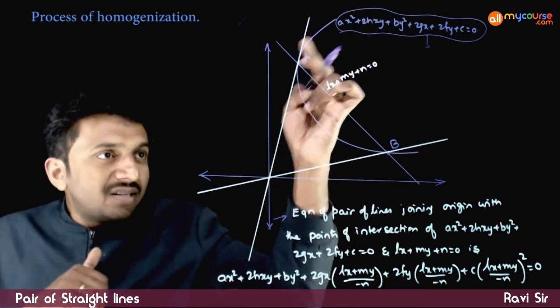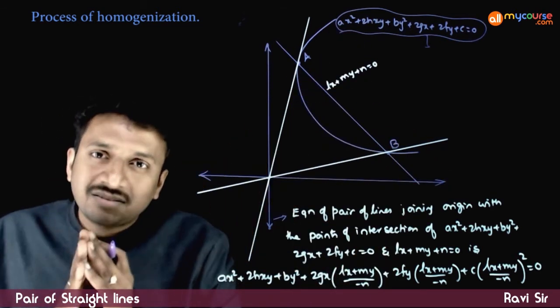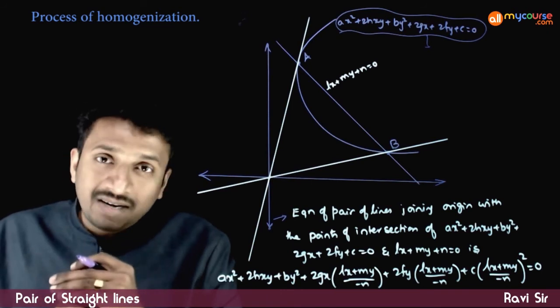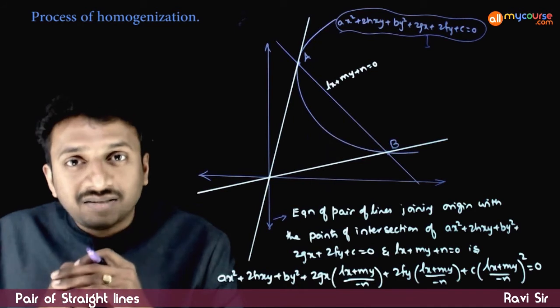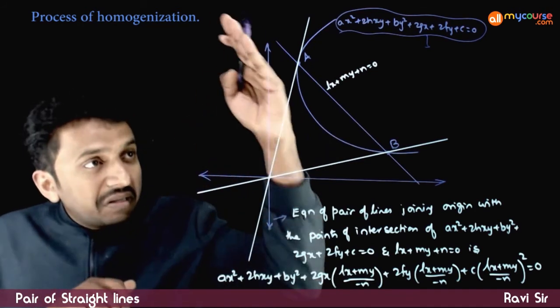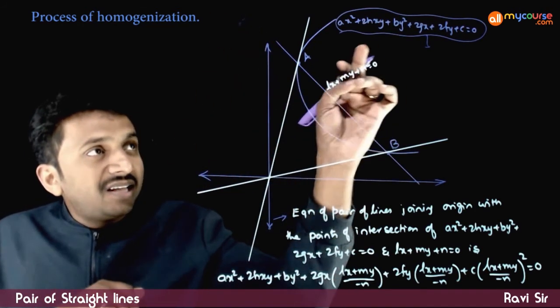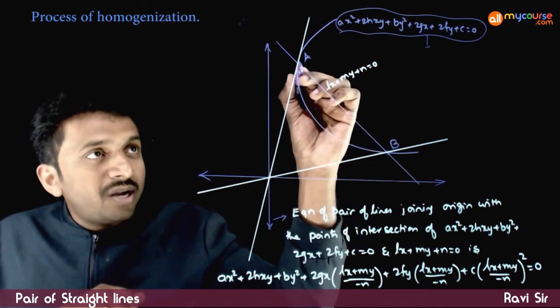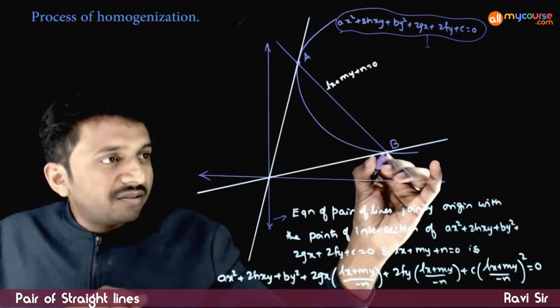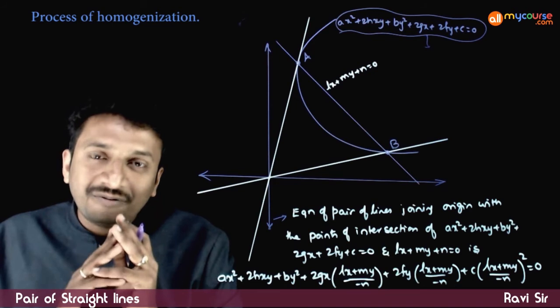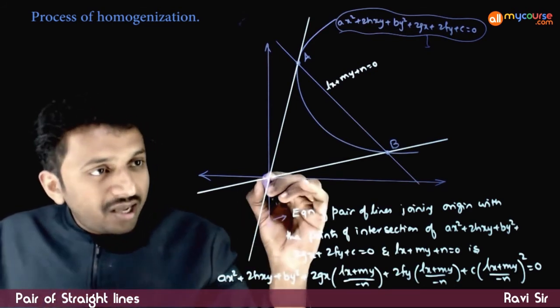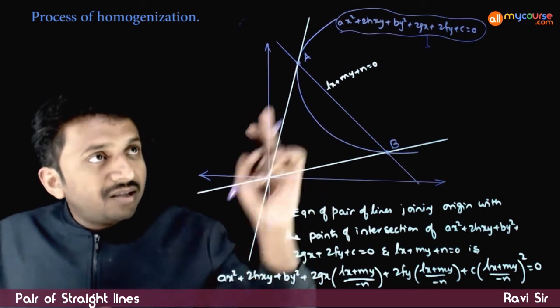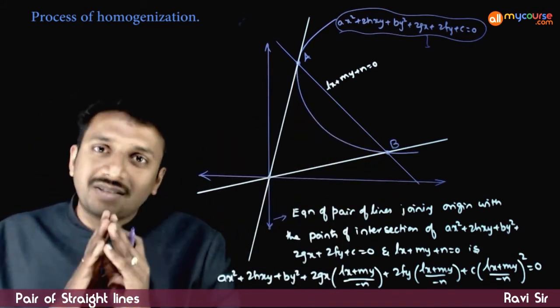Suppose that this is some curve which looks like this, any curve, and you have this curve and a line lx plus my plus n is equal to 0. Let us say that this line cuts this curve at 2 points A and B. Now, I want the pair of lines joining the origin with the points of intersection.